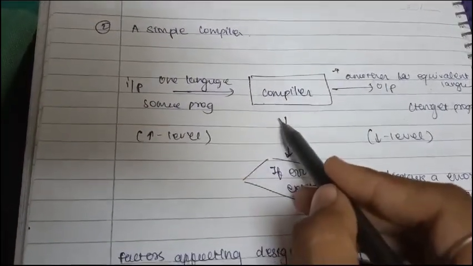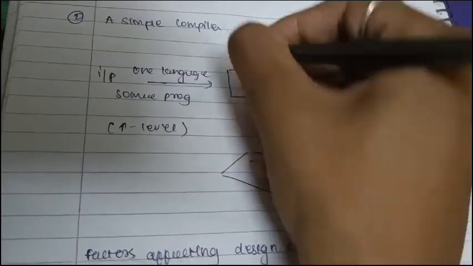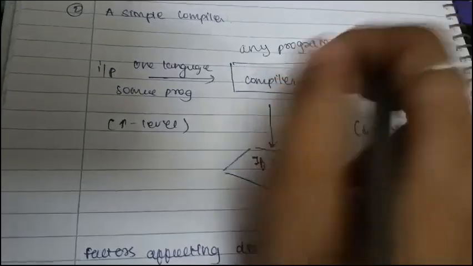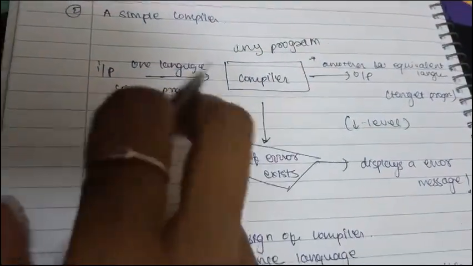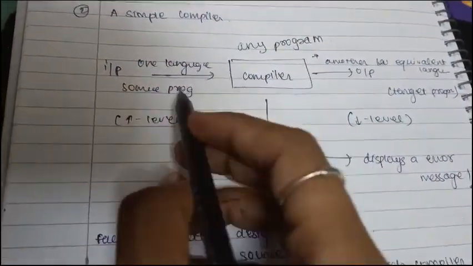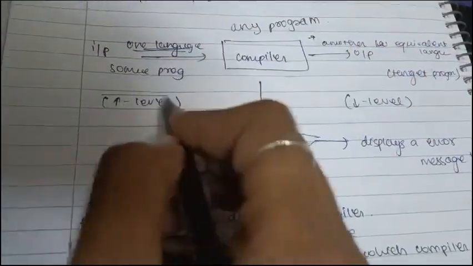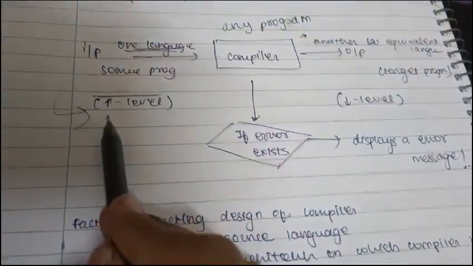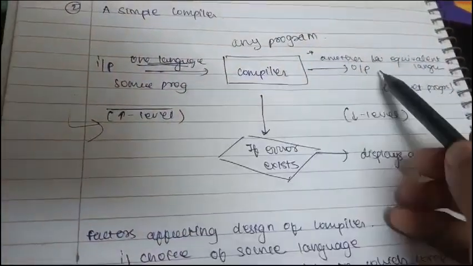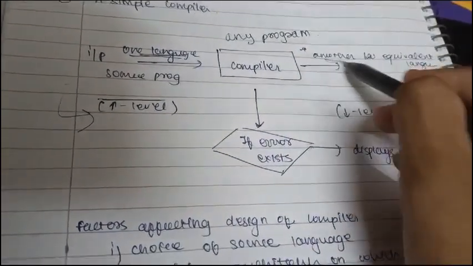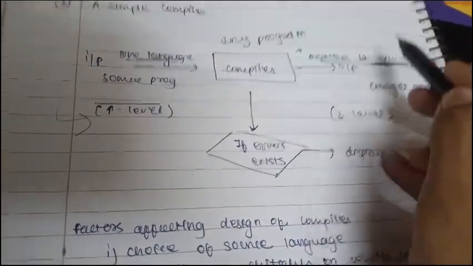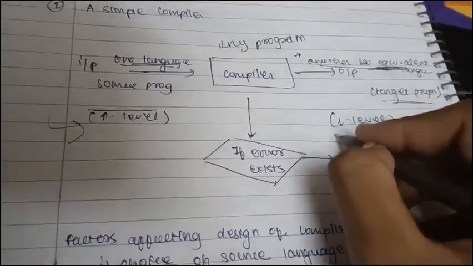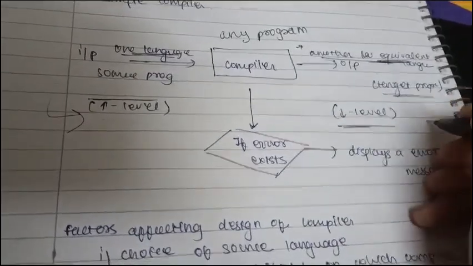A compiler is a kind of translator which takes as input a source program, written in a human understandable language, that is a high level language, and gives as output an equivalent program, that is, it preserves the meaning, which will be your target program, and obviously it will be a low level language understood by the machine.